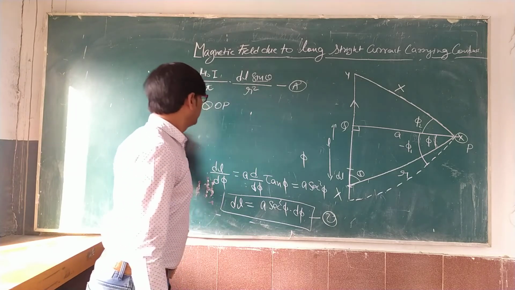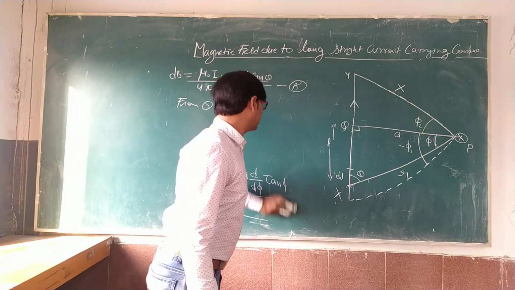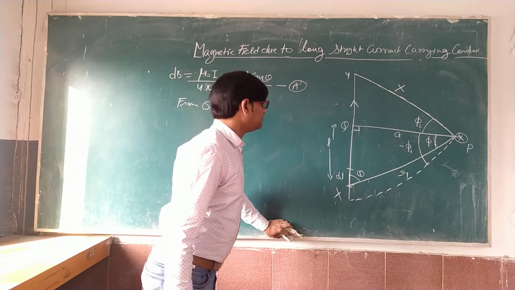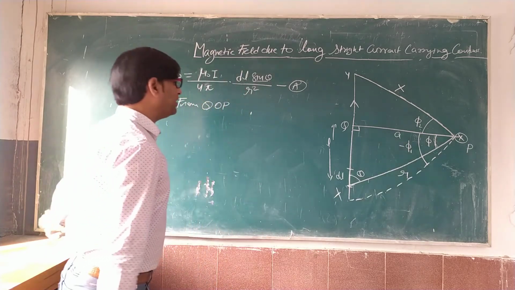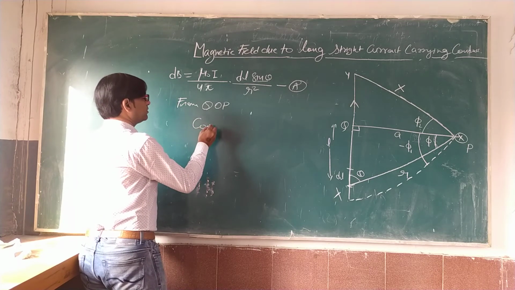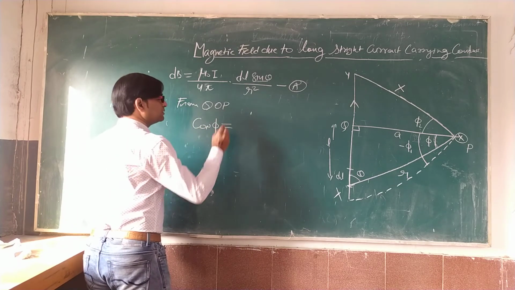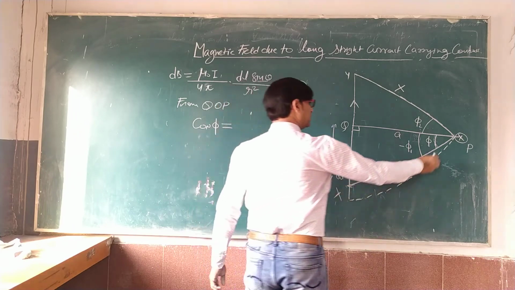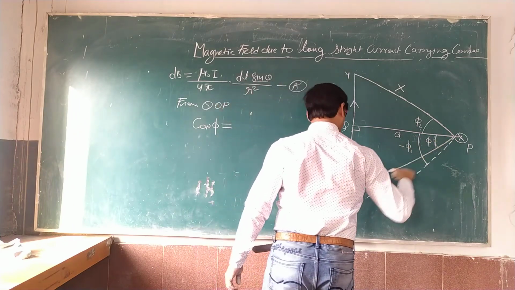Now again, from the same triangle, if we apply cos phi, cos phi will be base upon hypotenuse.